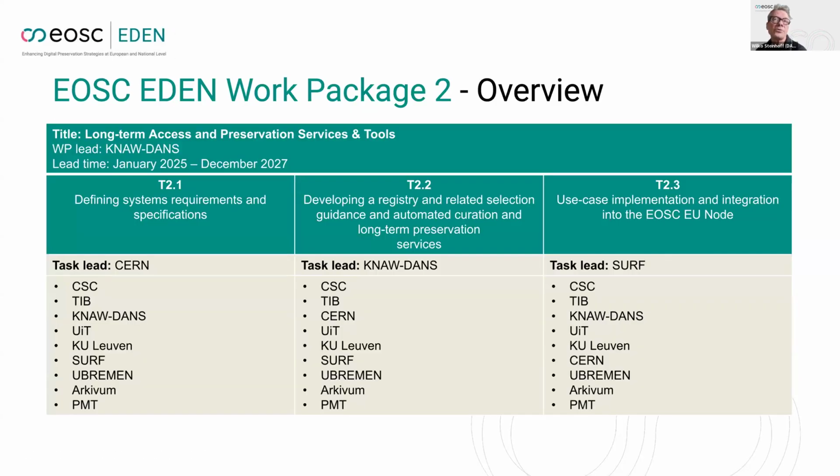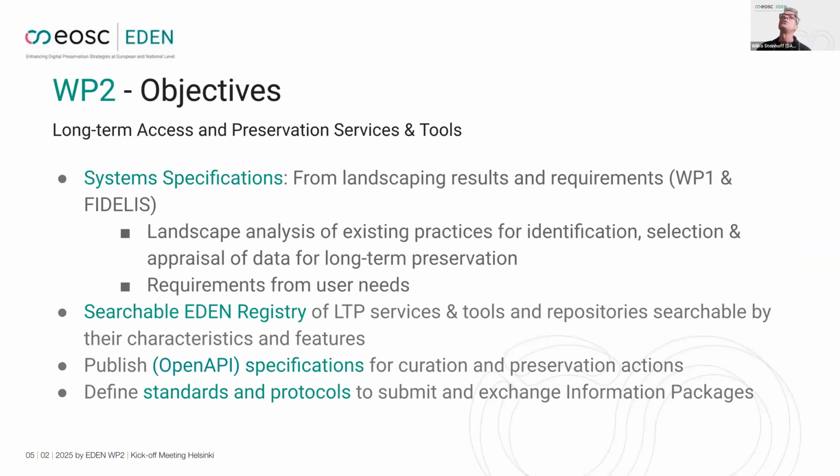And I forgot to say, we have 10 institutions that participate in the work package, and all 10 participants are participating in all 3 tasks. So here are the work package objectives: long-term access and preservation services and tools.